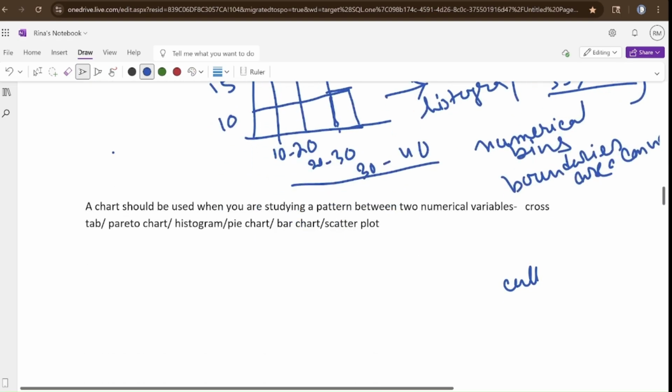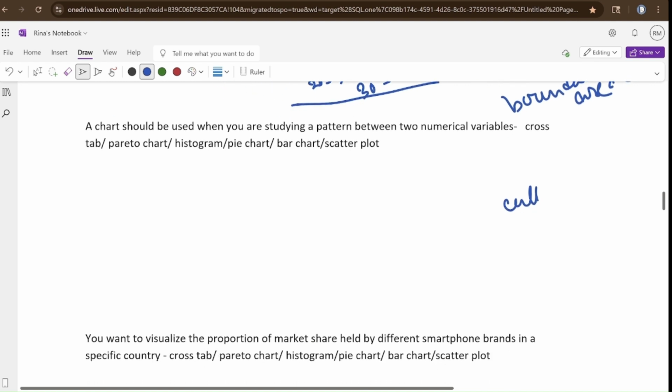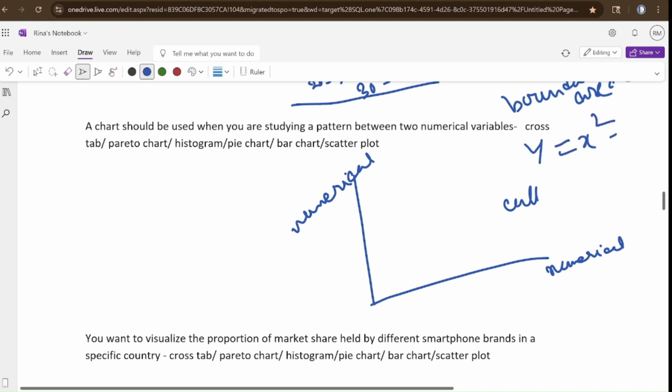A chart should be used when you are studying a pattern between two numerical variables. That means here let's say some numerical number, and here also you have some numerical digit. It's like y equal to x square plus 2. So this will also be a numerical digit. x is also numerical, y is also numerical.